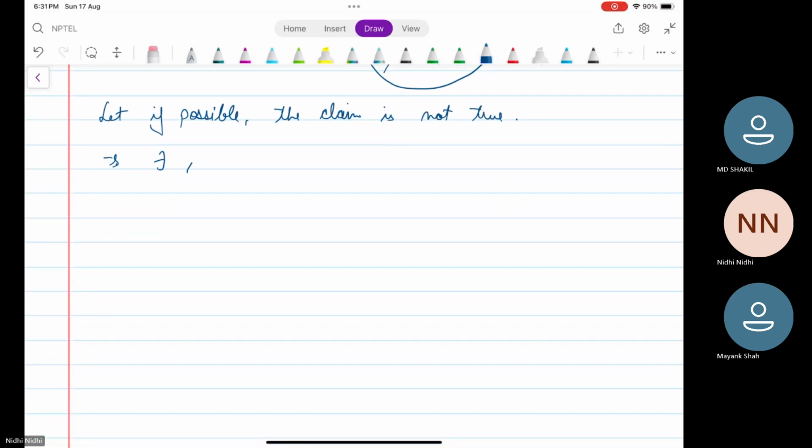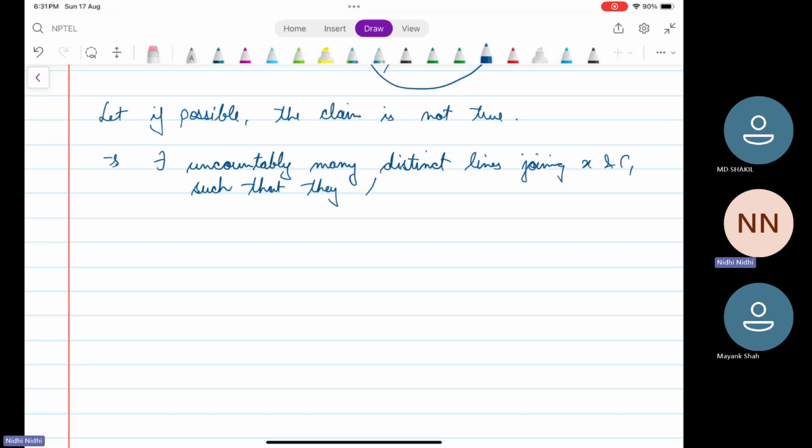That means there exist uncountably many distinct lines joining x and C1 such that they contain at least one point in Q2.